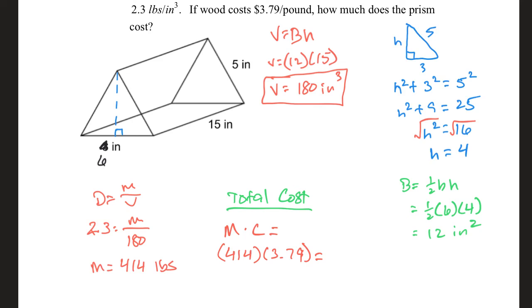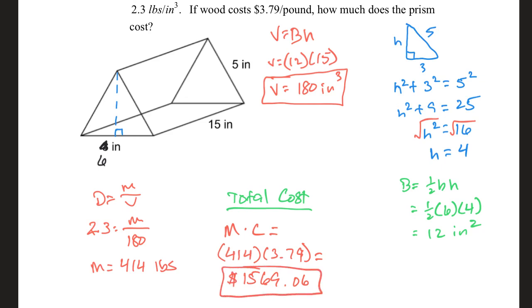And what do we get? 414 times 3.79 equals, this whole prism costs $1,569.06.